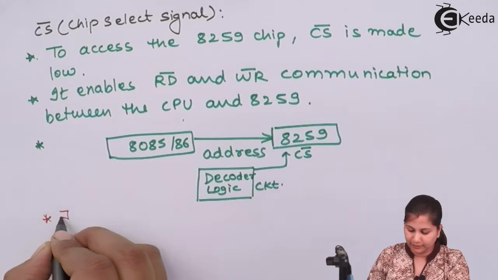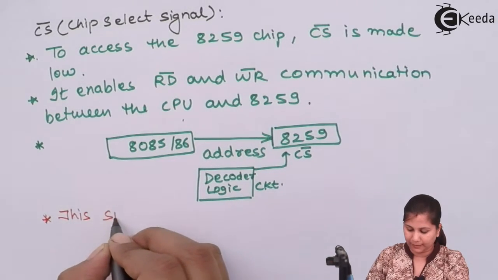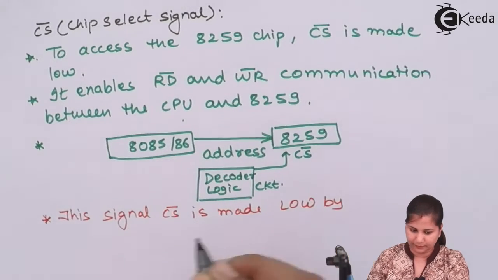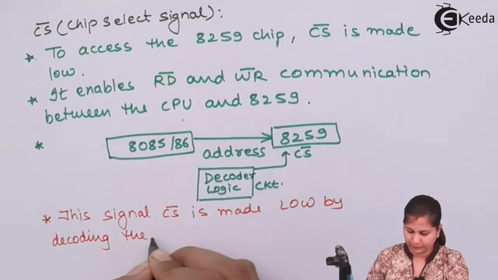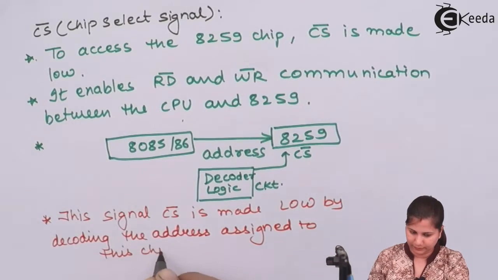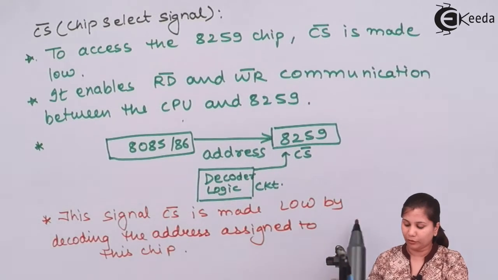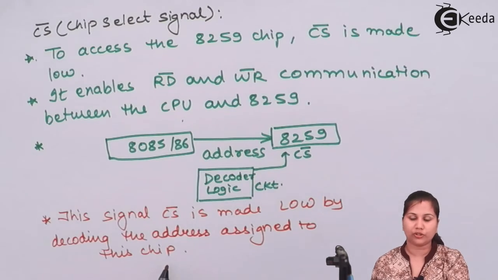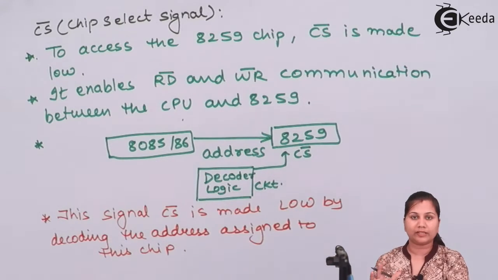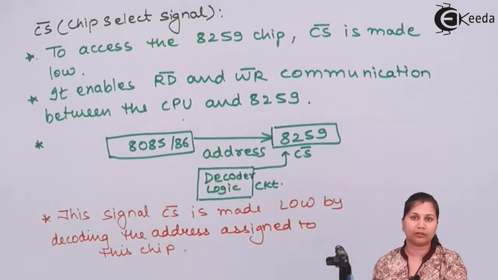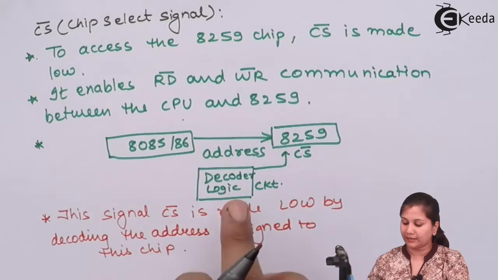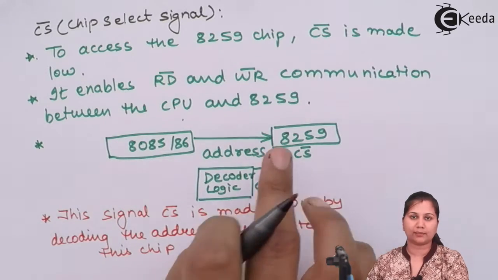So this signal CS bar is made low by decoding the address assigned to this chip, and this decoding of address is done by the decoder logic circuit. We have a circuit specially designed using logic gates here, and this circuit is going to activate this CS bar signal.